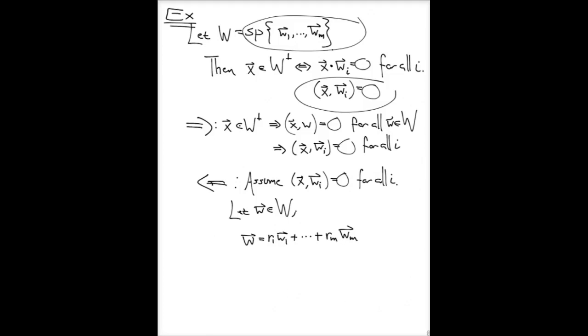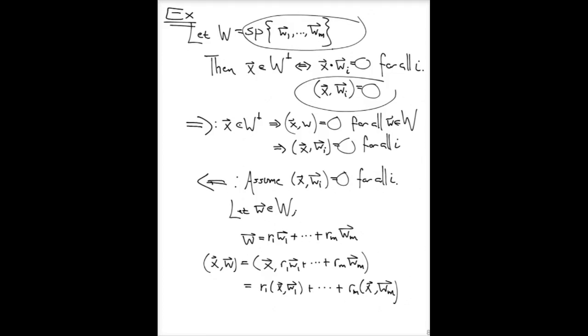And then let's take the inner product of x with this expression. So the inner product of x with w we can write as the inner product of x with the corresponding linear combination of the spanning vectors w_1 through w_m. And now we invoke the property of the inner product that it is linear in the first and second variable. So we can split up this sum on the right and factor out all of the scalars r_1 through r_m and write this inner product as a sum of m inner products.